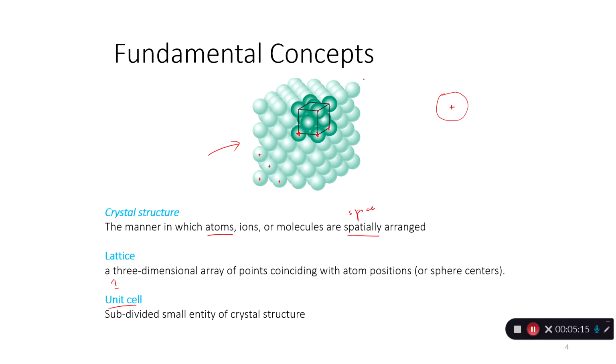It cannot be smaller than this. This is already the most basic form of it. What you are seeing being repeated here, next to it, underneath it, and also to the back, is the same cube over and over again. That is the whole concept of the crystal structure.